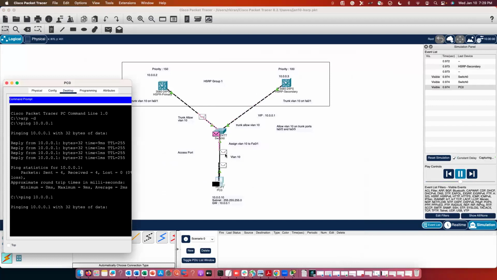This one is sending the packet to the switch. Broadcasting again, I believe, because the first one failed. It's going to this switch.